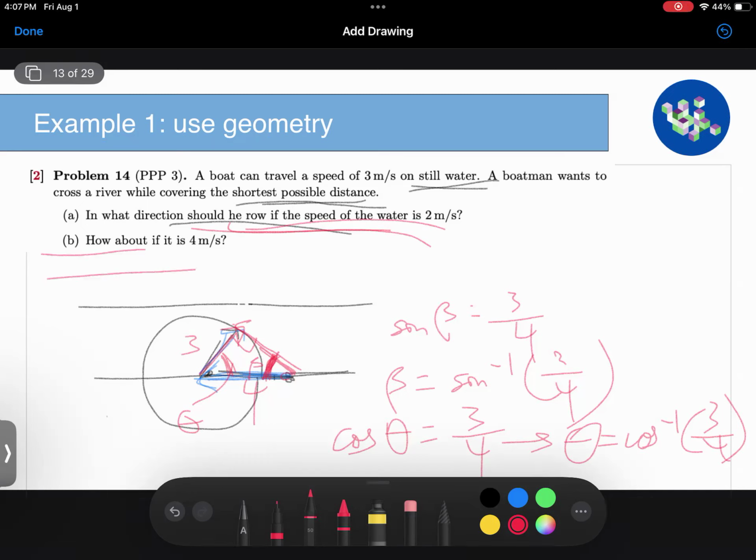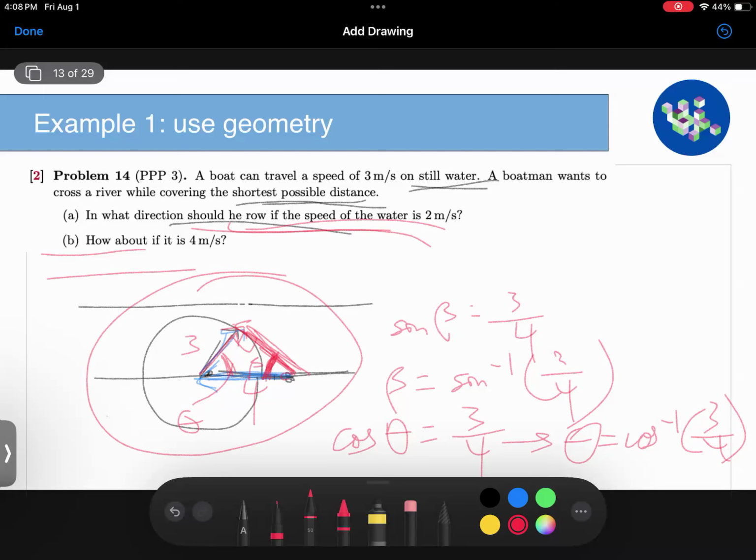So if we want to find the most direct way across the river, we have to use this geometry over here. And when you find that this velocity vector is exactly tangent to the circle we're drawing, then it's the most direct possible way to cross the river. You can't do any better than that.